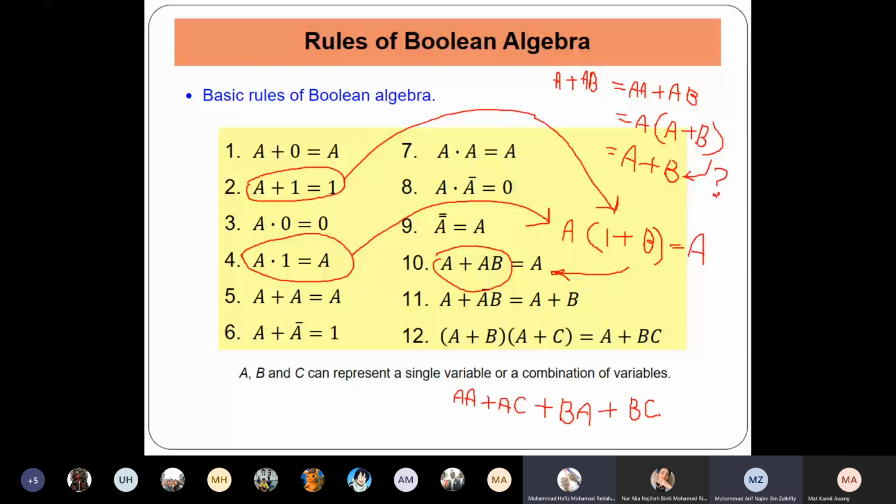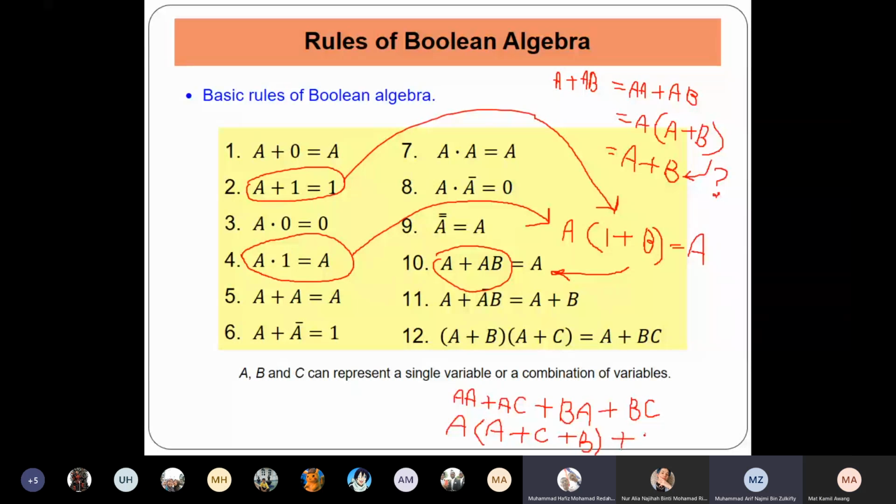So then this A, then you get A or C or B, right?